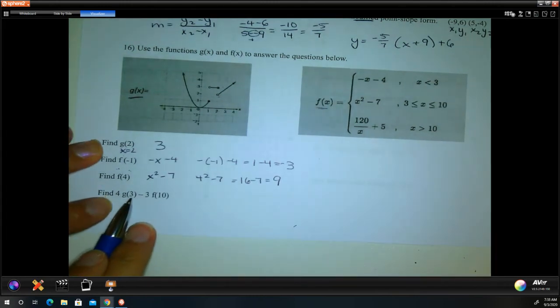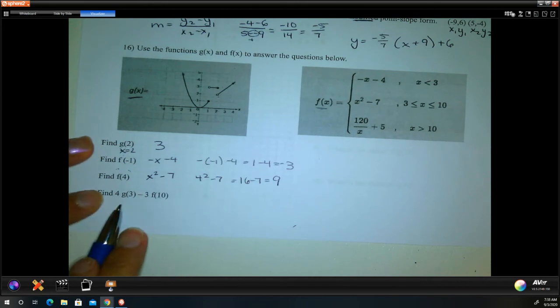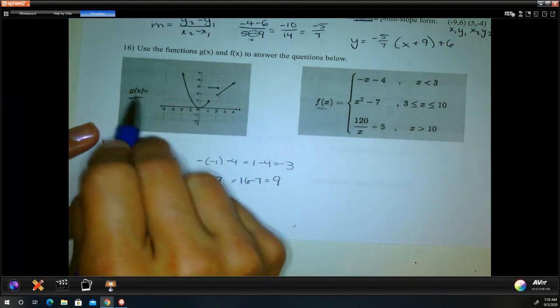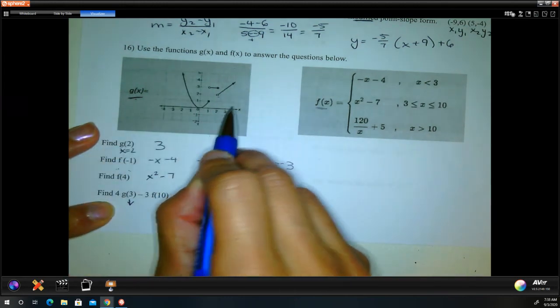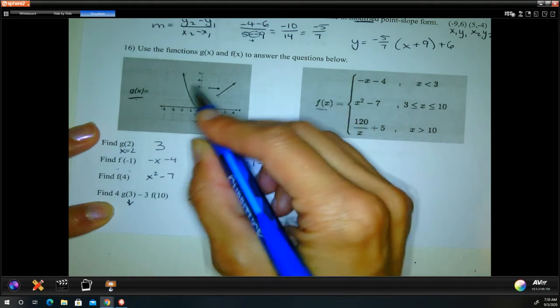Find 4 times g of 3 minus 3 times f of 10. So 4 times, let's see, g of 3, I'm going to go to the g. 3 is 1, 2, 3 right here.